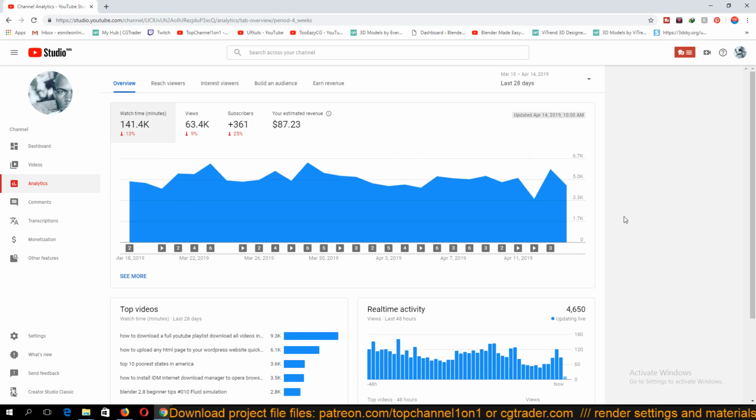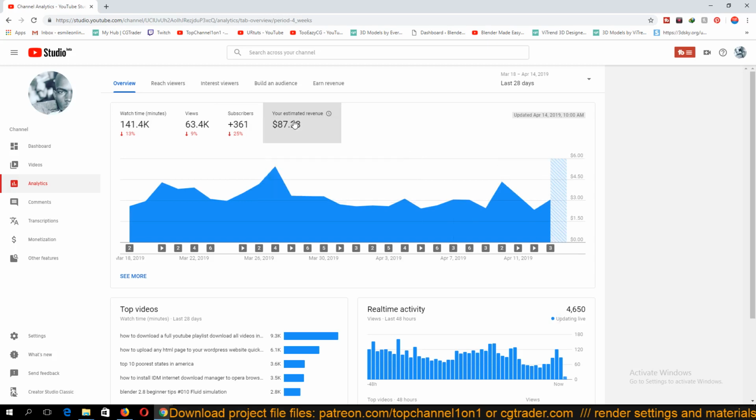So if we look at the revenue earnings, you can see it's 87, but I think about 1 or 2 days here have not been added to the total. So that's why you see these patterns here. They indicate that the revenue there has not been added to the total revenue that you earned in the previous month. So you can see my subscriber growth, and everything seems to be down.